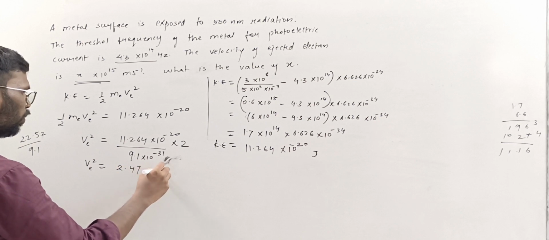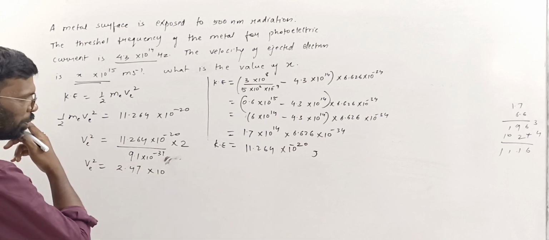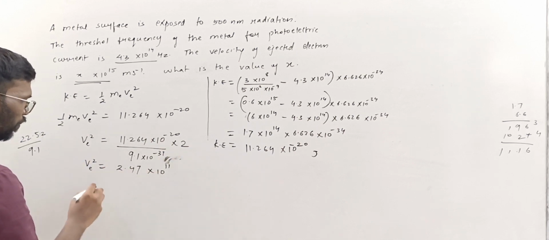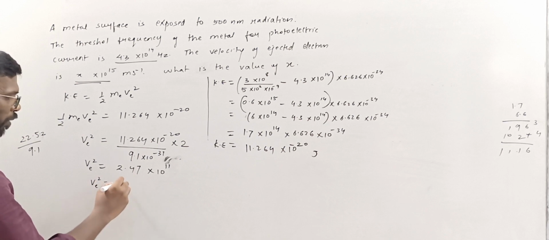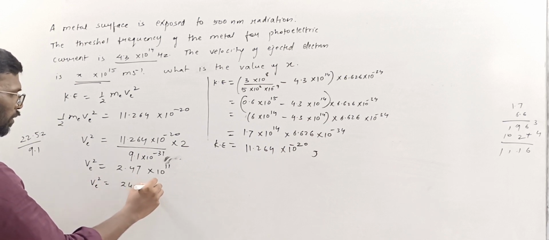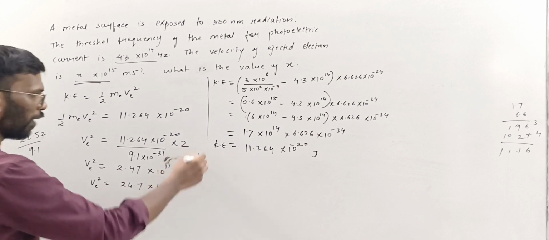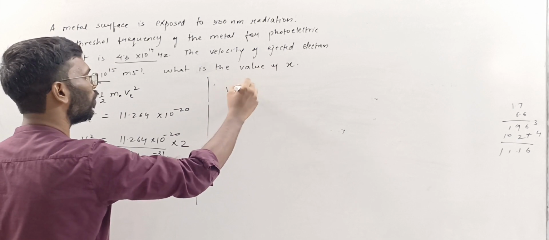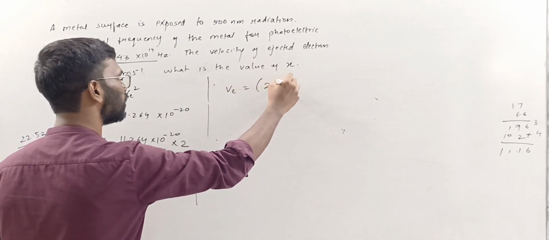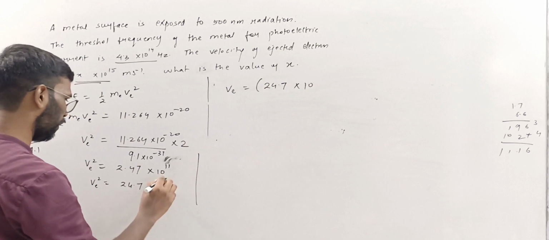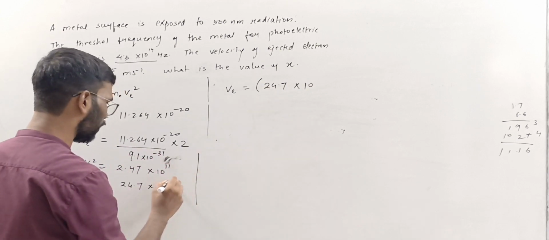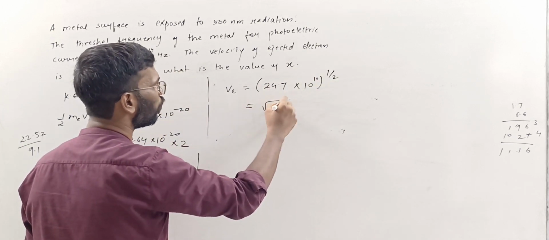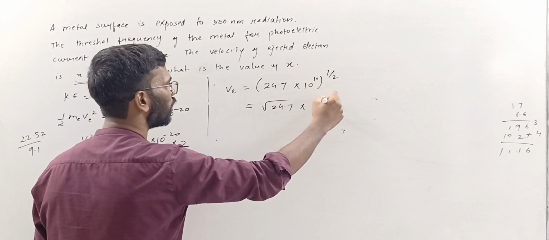So we get 2.47 into 10 raised to 11, so velocity of the electron whole square will be 24.7 into 10 raised to 10. Taking the square root of this, velocity of the electron will be square root of 24.7 into 10 raised to 10 raised to half, which is 10 raised to 5.